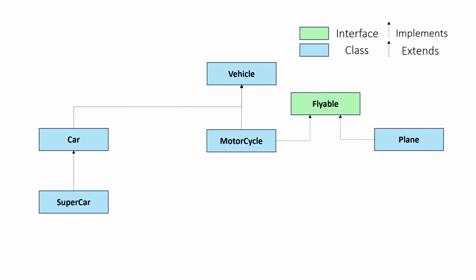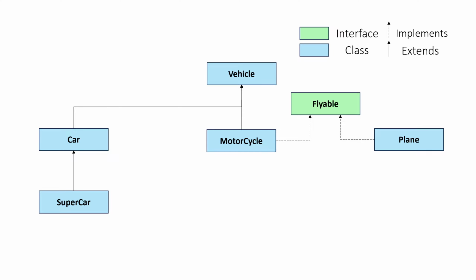But if I do that, do you really think a car can fly? When I'm going to instantiate an object of type car, I'm going to extend what's inside vehicle. So I'm going to have the fly method that I don't want on a car. So this is not a good way to do it.